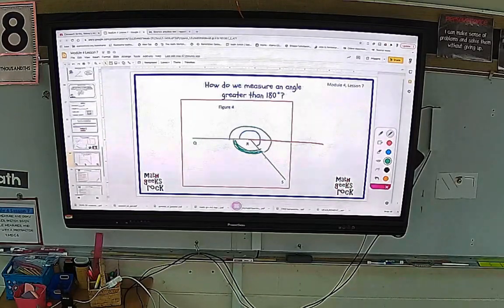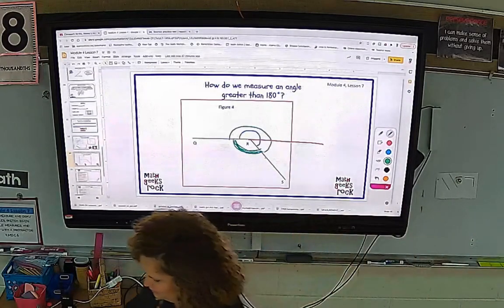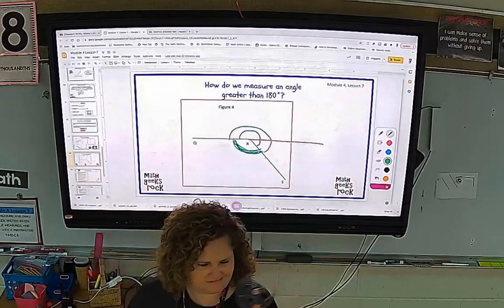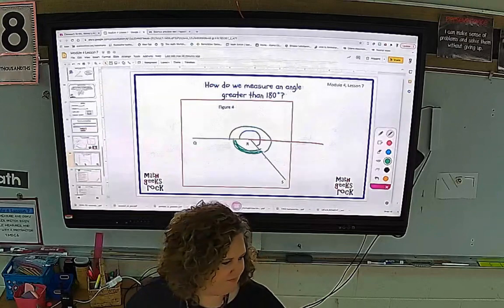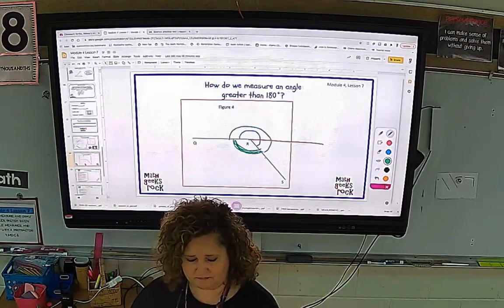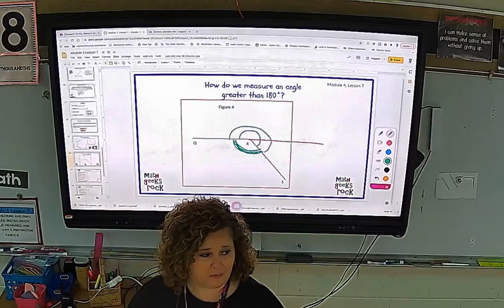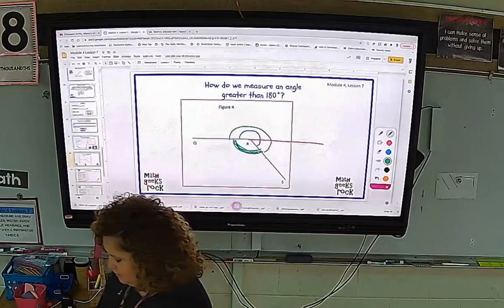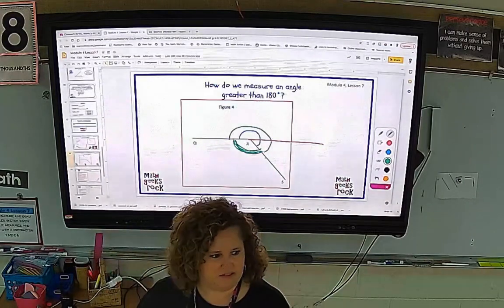Okay. These kind of situations is where this kind of protractor comes in handy. Now, this is not one we're going to get real familiar with this year. But at least we know they're out there in the world, if we have a situation like this. But what if you don't have this fancy kind of protractor?